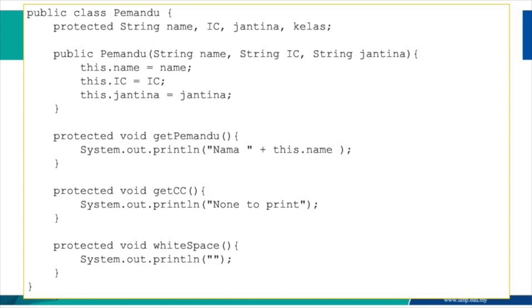Here you can see we define the protected data types: String name, IC, which is the identity card number, jantina, which is the gender, and then the class of the driving license, either B or D. Okay, and in this specific parent class, we have three methods here: getPemandu, getCC, and then we also have the white space. Okay, now let's take a look at the child classes.